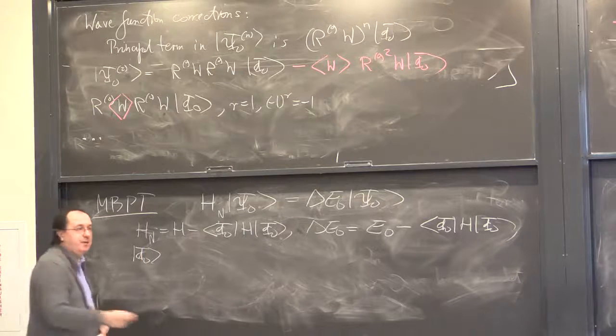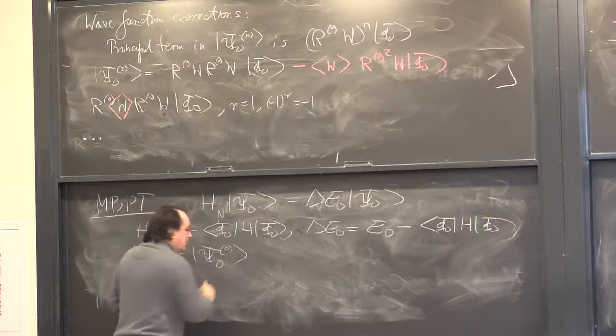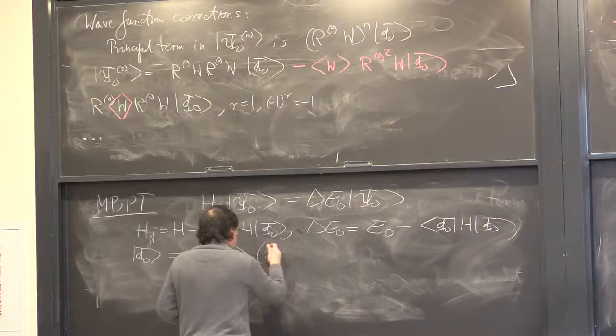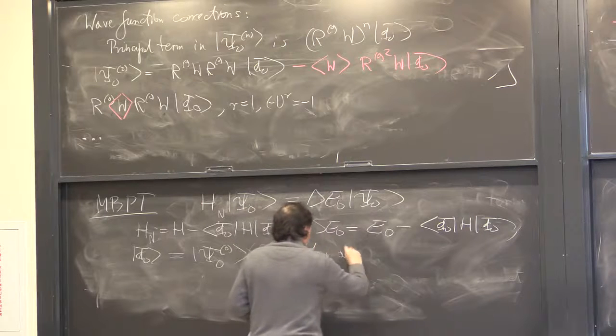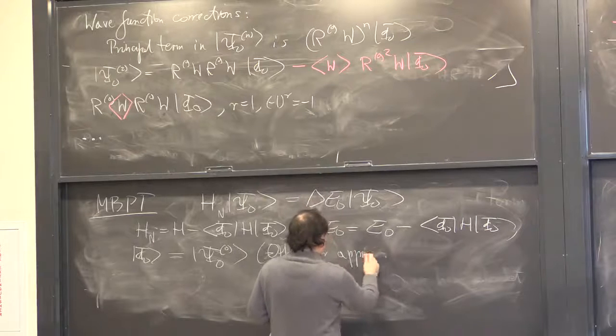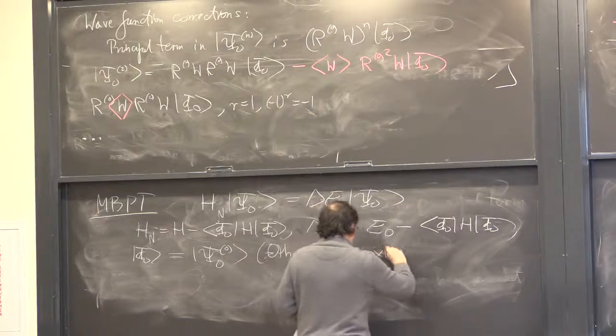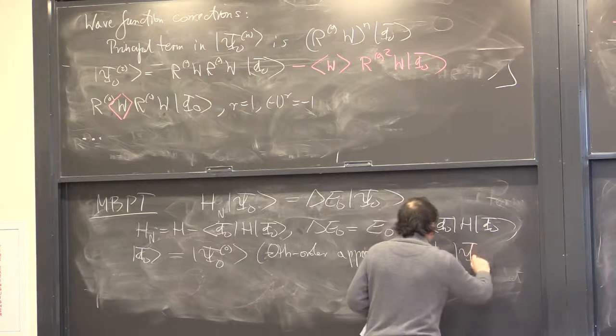Phi 0 is the unperturbed state, so it's a 0th order approximation to psi 0.